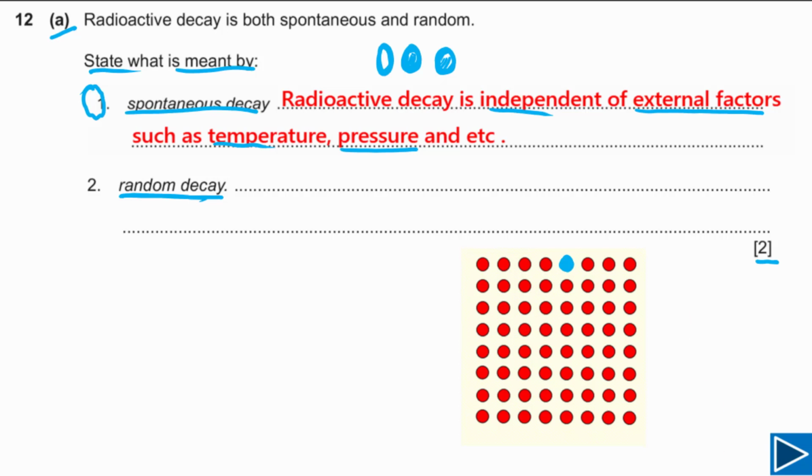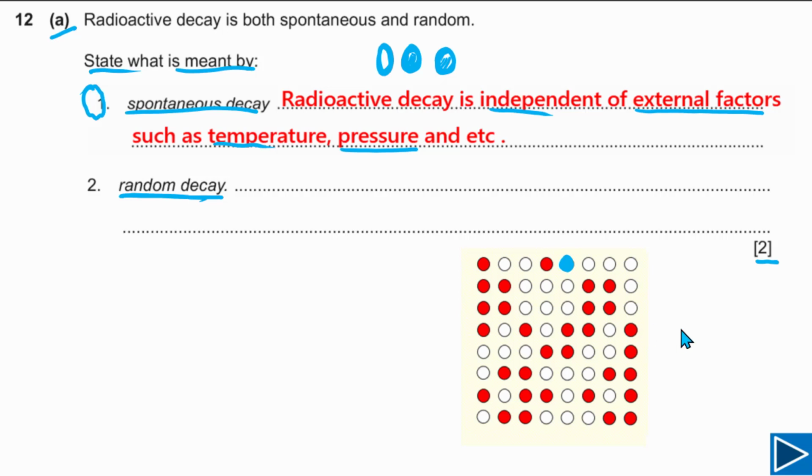First of all, let's try to understand what is random decay. With the help of this animation, you can see that after one half-life, half of these nuclei decay, but you cannot say which nucleus will decay next. So this is random decay. And also we cannot tell the time when one particular nucleus will decay.